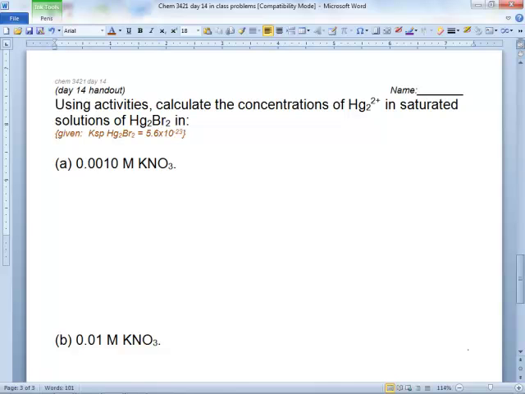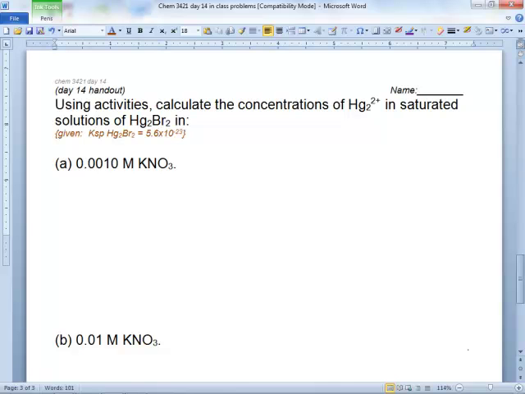The only ions you need to worry about for ionic strength are the potassium and the nitrate, and it's a 1-to-1 salt, so the ionic strength is 0.01. I would write out the KSP reaction and fill out the ICE table, even though you may not need to. Then substitute activities in for the concentrations in that KSP expression.